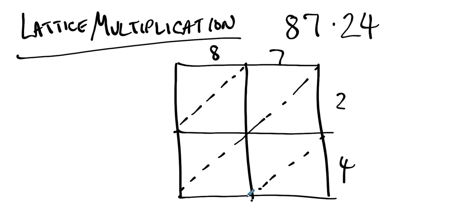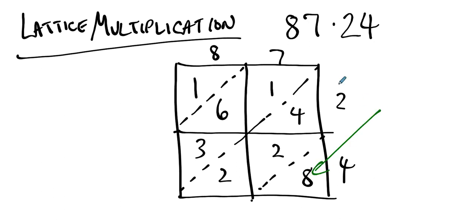And then all we have to do to know lattice multiplication is know single digits times single digits. 8 times 2, that's 16. 7 times 2, that's 14. 8 times 4, that's 32. 7 times 4, that's 28. And then when we want the answer, we add down the diagonals, starting at the bottom.